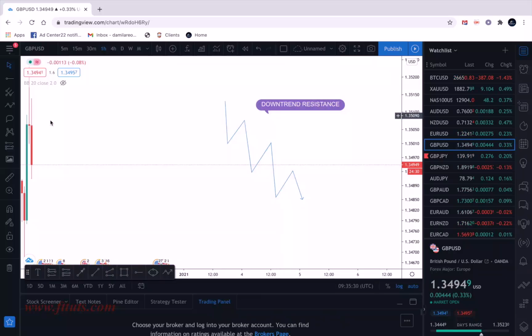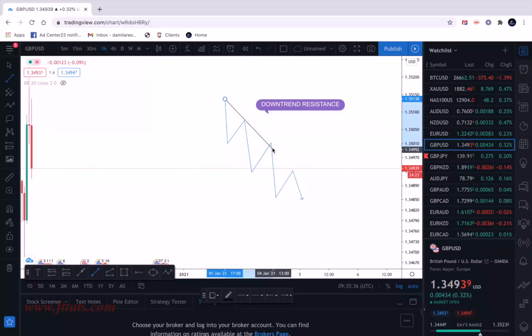Now you have the downtrend resistance, whereby you have the trend line. You have the first two lows created, then the third one is your striking point.